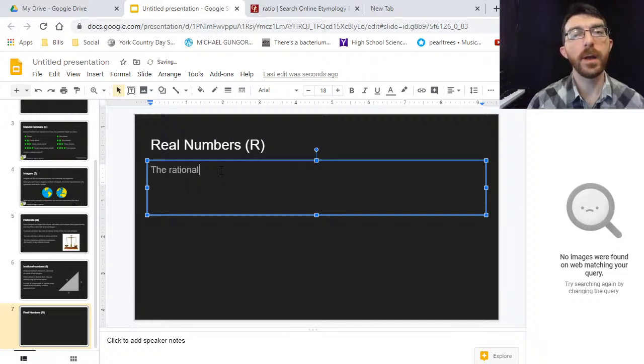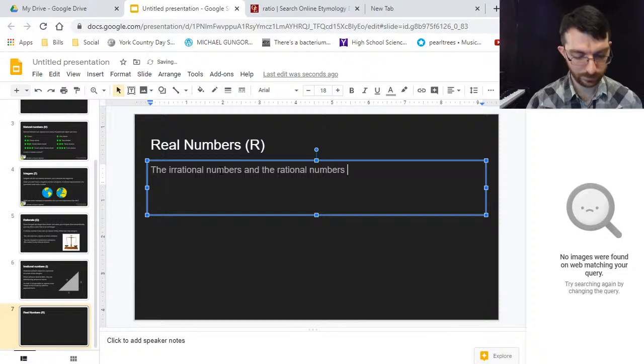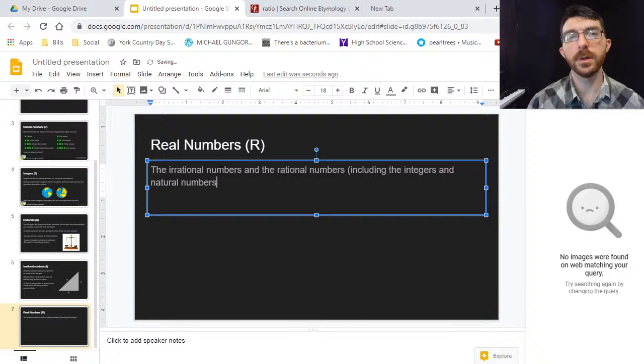The irrational numbers and the rational numbers, including the integers and natural numbers, make up the entire number line.